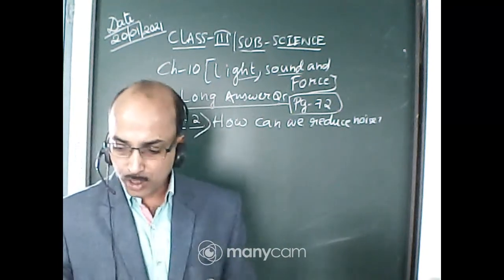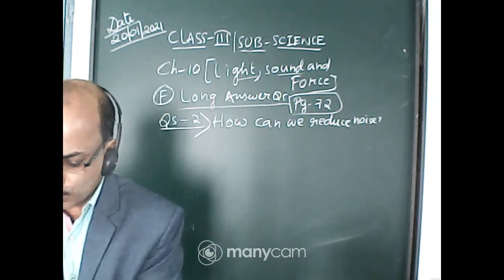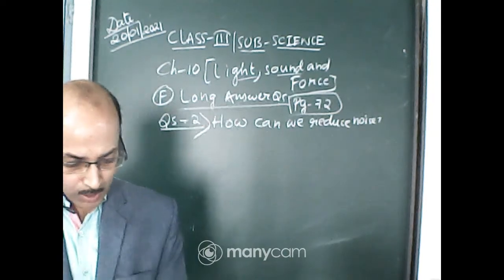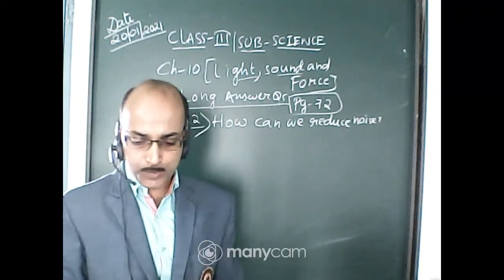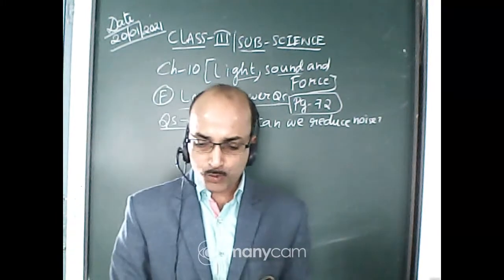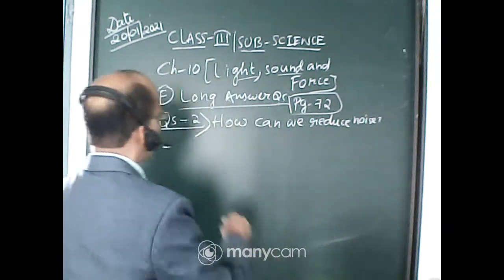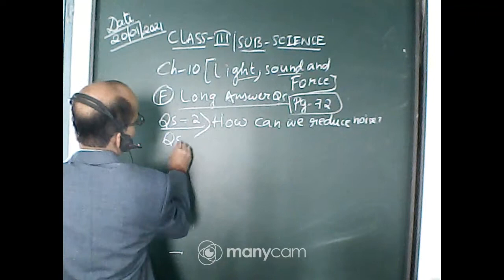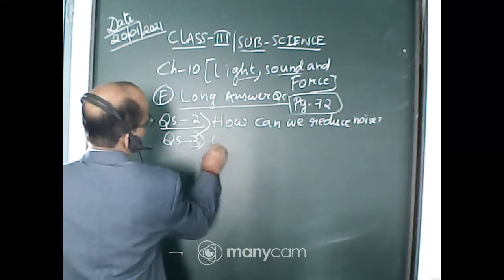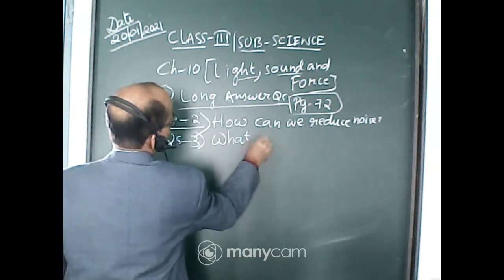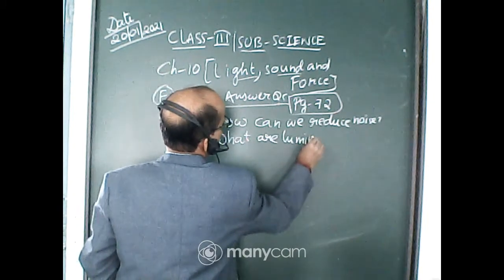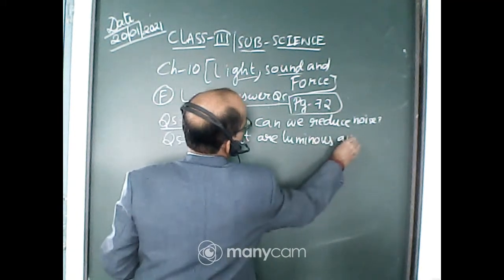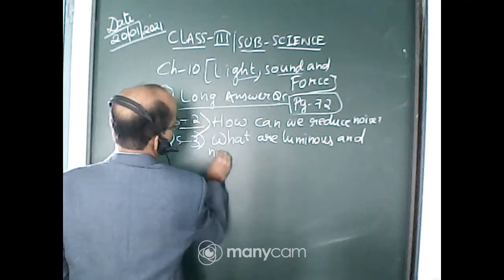Then question number 3. What are luminous and non-luminous objects? Give 2 examples of each. I'll write this one. Question number 3: what are luminous and non-luminous objects?